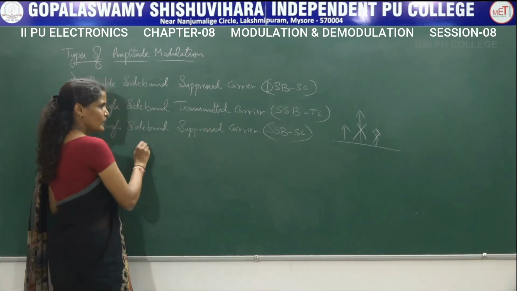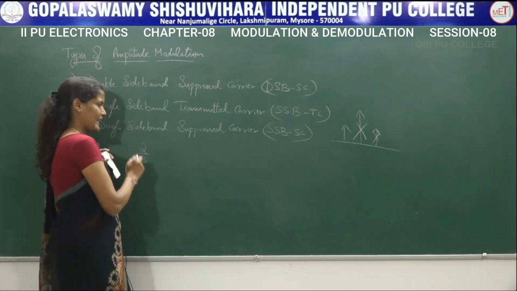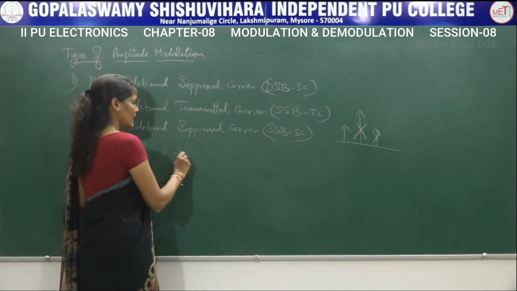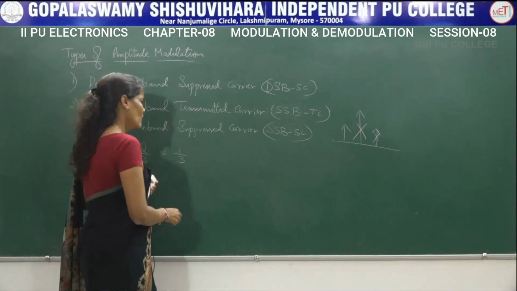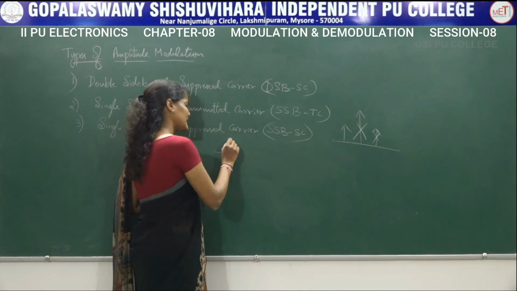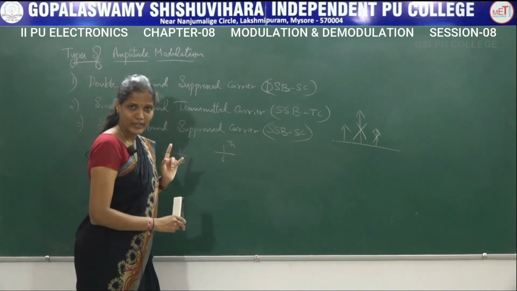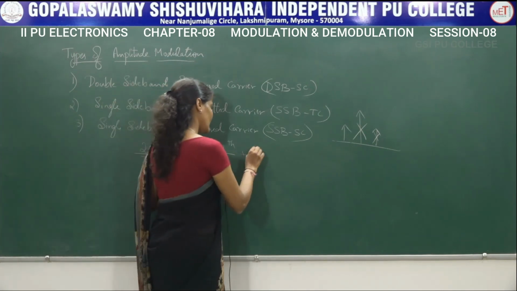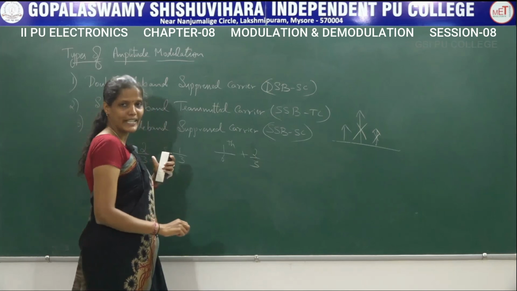So I told you that 2/3 of the total power will be consumed by the carrier component, and 1/3 of the power will be consumed by the two sidebands. So 1/6 of the total power will be consumed by one of the sidebands, plus 2/3 by the carrier component.